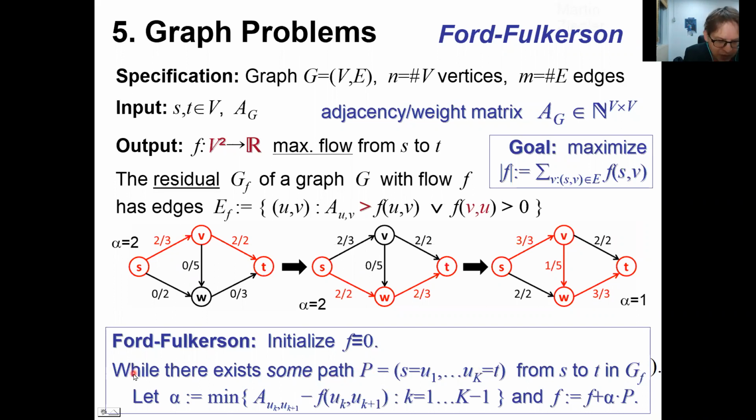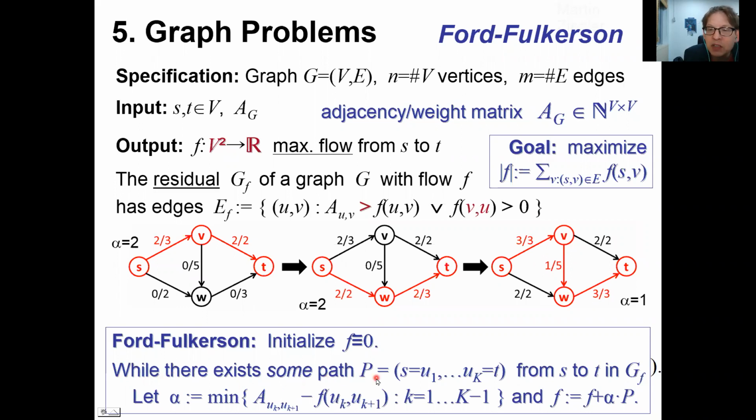And the answer, our first observation, is that during each execution, the current flow increases by at least 1. Let me say that again. Each execution of this while loop increases the flow by at least 1. Why is that so?